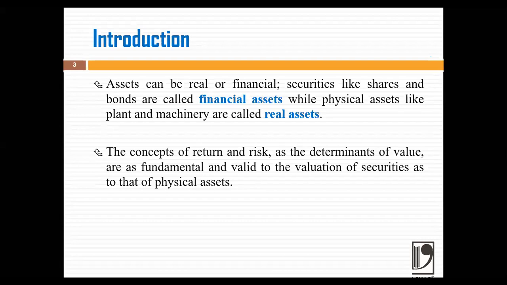And if you have a check, that is also a kind of financial asset. While physical assets like plant and machinery are called real assets. Further examples: a vehicle or car, land, buildings, houses, and any other such things are real assets. If you have a rupee note in your pocket, it is a financial asset, right?